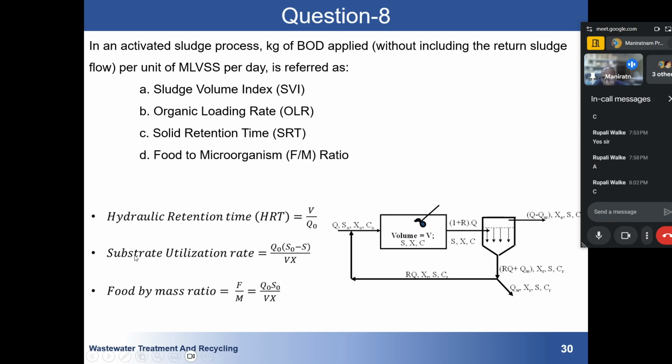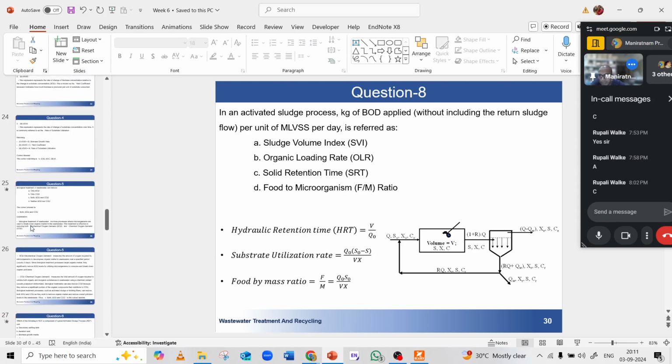Then we have the substrate utilization rate: at what rate the substrate, that is S, or organic matter is getting utilized. It is Q naught times the initial S naught which was coming, minus S after treatment, meaning some of the substrate has been consumed, divided by V times X, where V is the volume of the tank and X is our biomass.